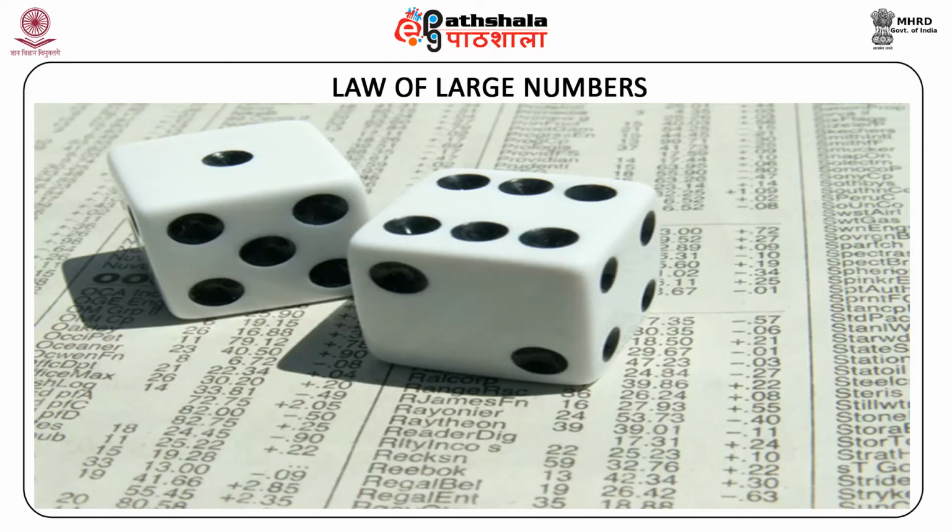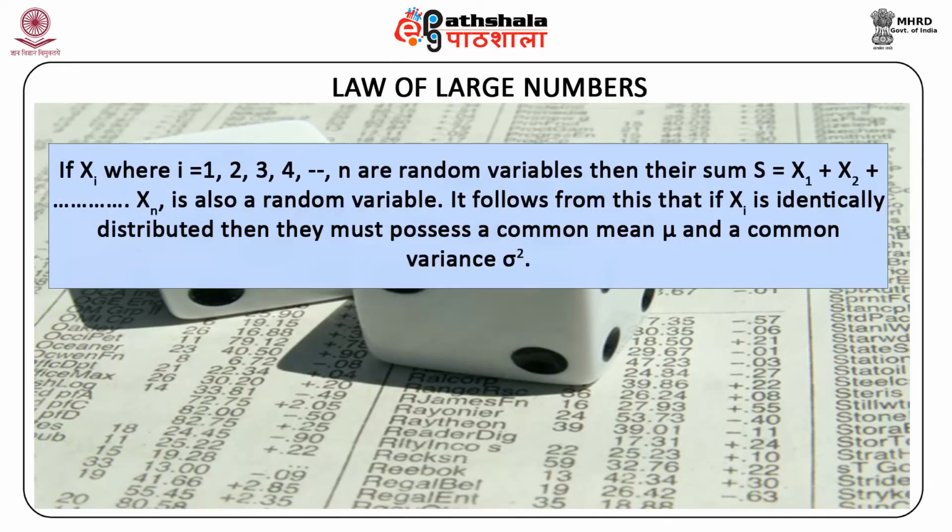Before defining the law of large numbers, recall that if Xi, where i is equal to 1, 2, 3, 4, and so on up to n, are random variables, then their sum S, equal to X1 plus X2 plus so on plus Xn, is also a random variable.